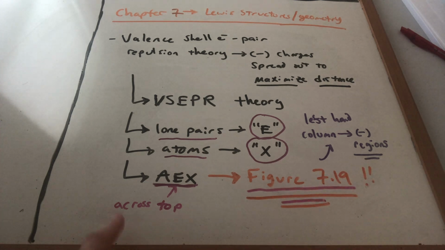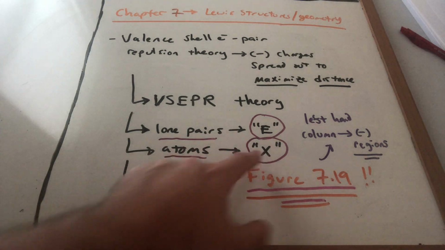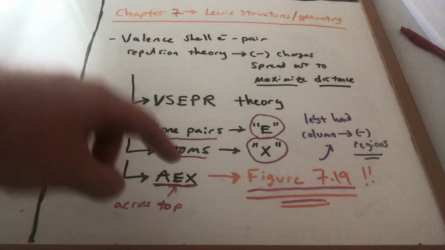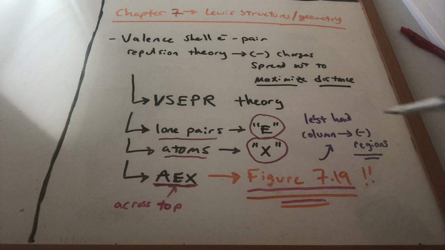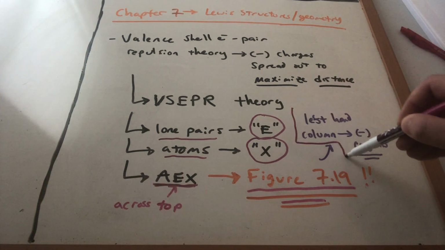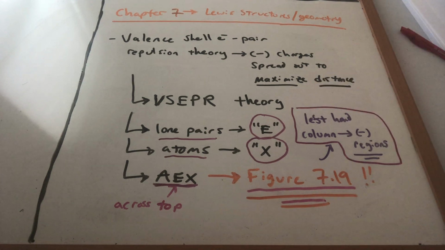When you look at that figure, what you'll see across the top is, on the left-hand side, a structure that's modified based on the number of E's. The way we present this is we start with a structure that just has atoms attached to it, and then we modify that structure by replacing atoms with E's. The only thing I would really change about the figure, the only thing that I don't like, is the left-hand column.